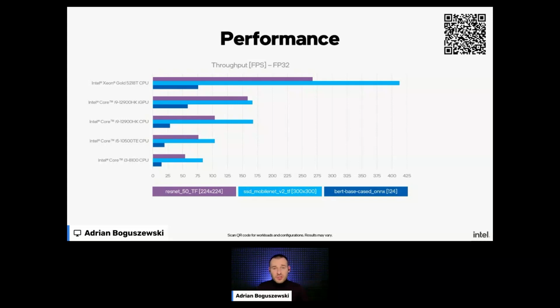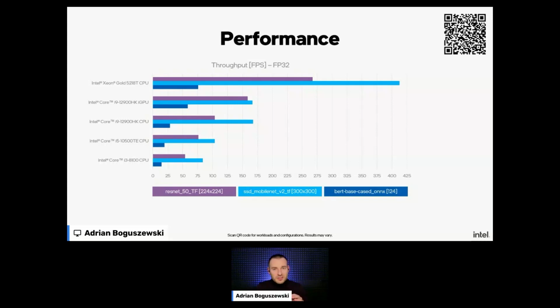We measured throughput in frames per second for floating point 32 model. And of course, the best results are for Intel Xeon, because this is a server CPU. So we are not surprised.